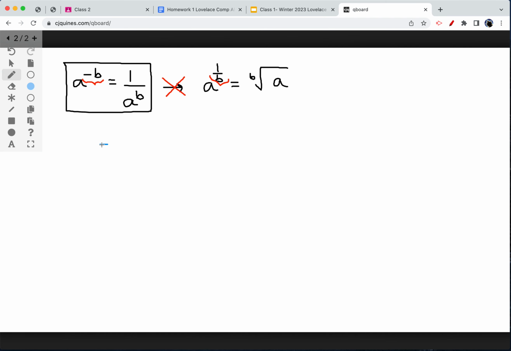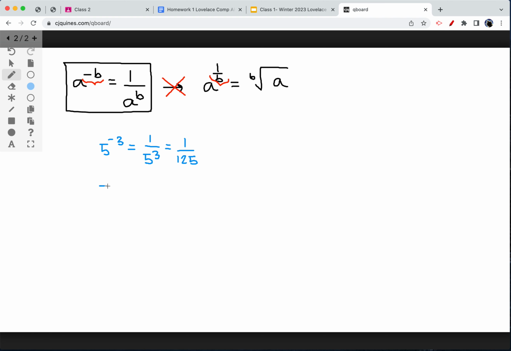So for example, let's say we had 5 to the power minus 3. I think this was a homework problem actually. So this would be 1 over 5 to the power 3, which is 1 over 125.